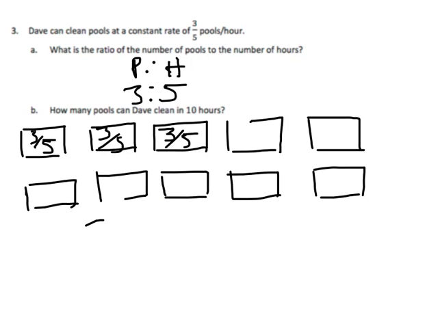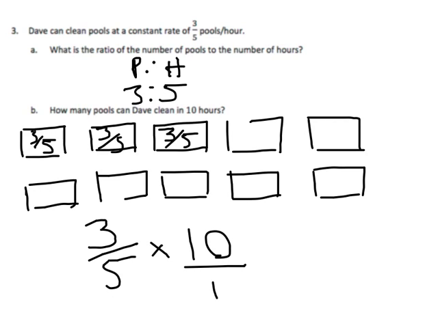You can multiply 3/5 times 10. Remember, 3/5 times 10, 10 as a fraction is what? That's right, 10 over 1. Multiply straight across, and that'll get you your answer.